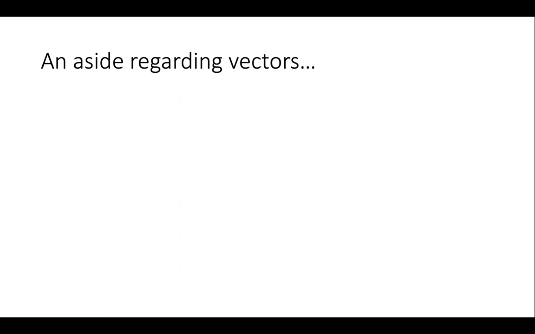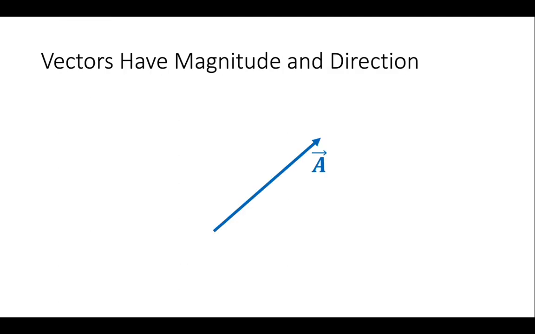So vectors are going to have two properties. Vectors are going to have a property of magnitude and direction. That's why drawing arrows is a nice way to visualize them, at least at the level of an introductory physics class. So here I have a vector A, and the arrow has a length, and it is pointing in a certain direction, so it has magnitude and direction.